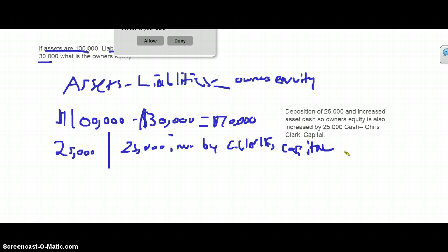Okay, so $25,000 would be just the investment, and that's what we were just establishing here with the business transaction.